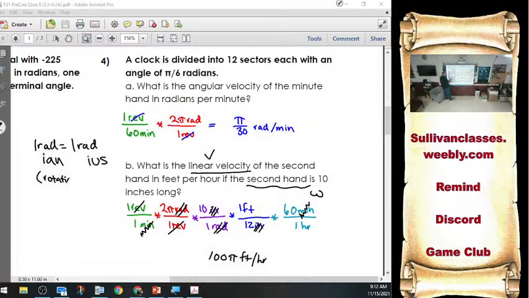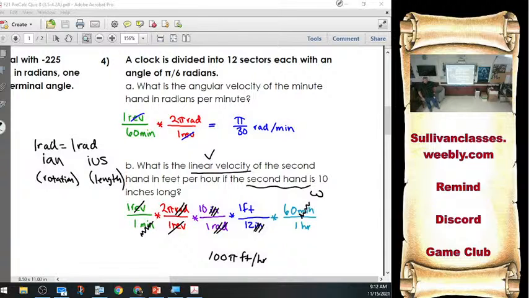Rotation, length. Okay? You can't go from angular to linear or linear to angular if you don't cross that boundary. That's why we have radians as a measurement. It allows me to cross that boundary. Which would be a really good thing to have written there.